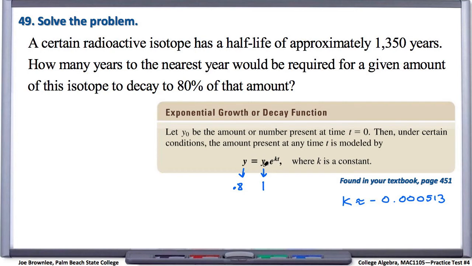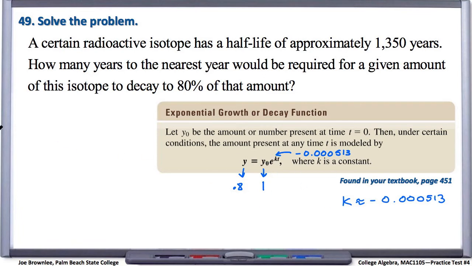Again, e we already know, Euler's number, nothing to solve for there. We just solved for K, so this K value is negative 0.000513, and this time we're solving for t. We want to know how long it's going to take for 80% of our single milligram of this isotope to remain after the decay has taken place.